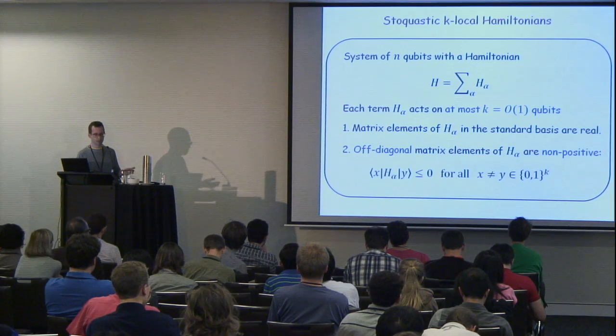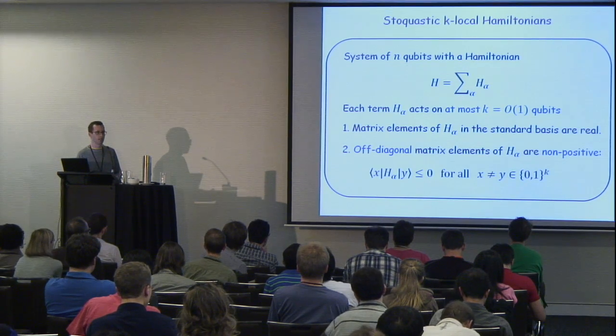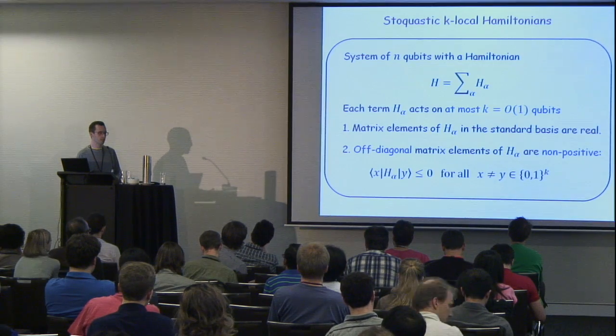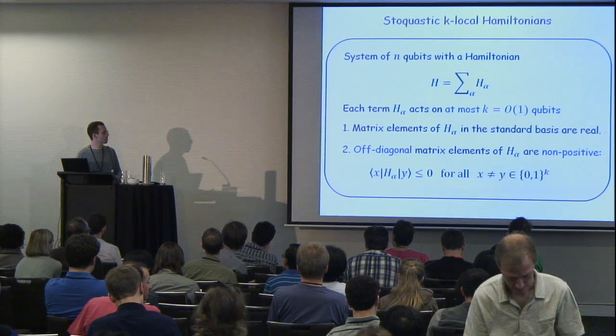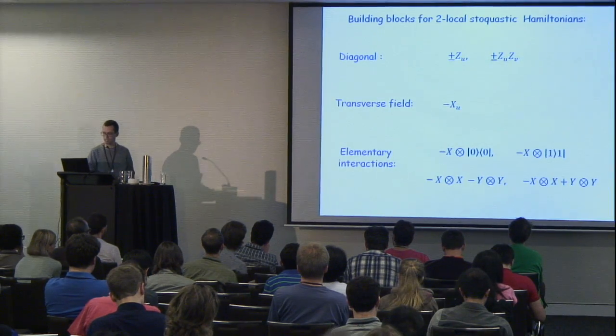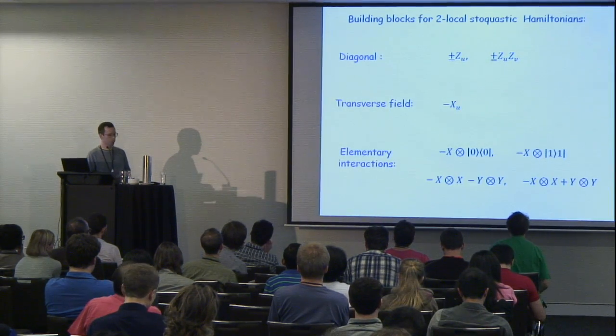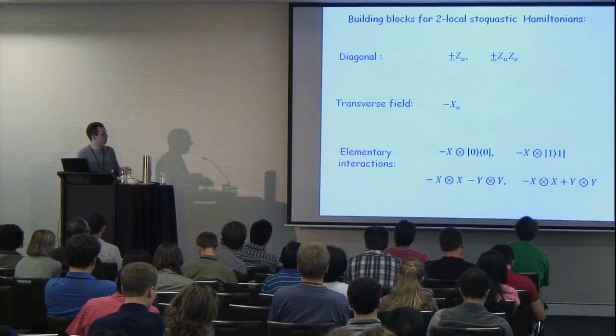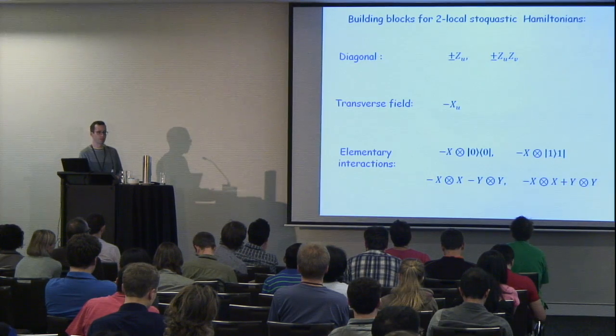For example, the transverse Ising model has this property. The Heisenberg model on a lattice has this property. The toric code has this property, and lots of other examples. And for two local stochastic Hamiltonians, we can be just a little bit more explicit. Any two local stochastic Hamiltonian can be written as a sum of these terms with positive coefficients.